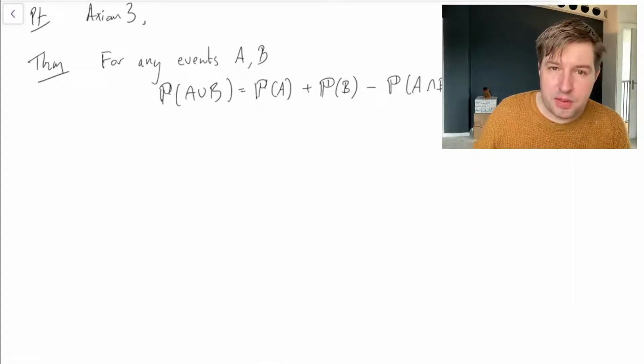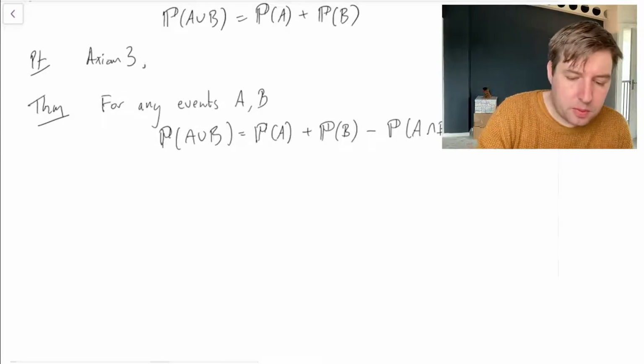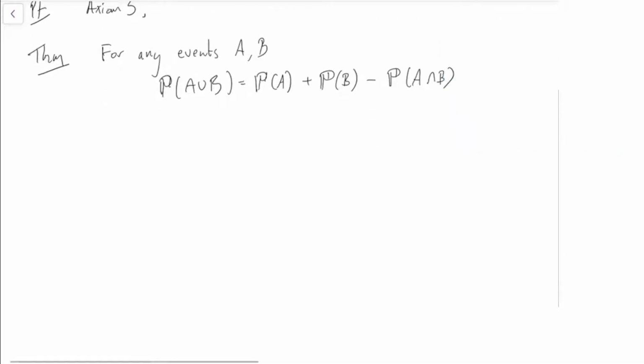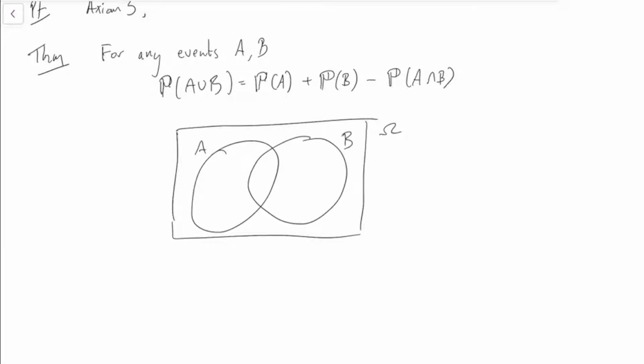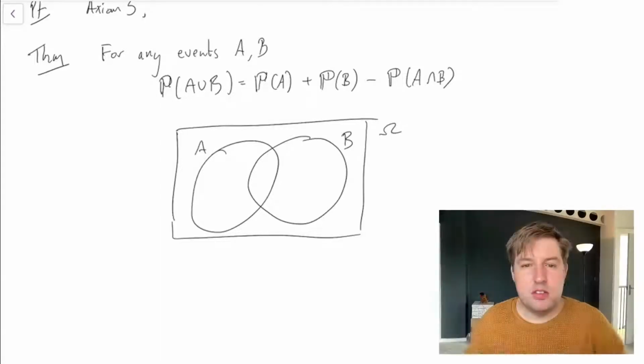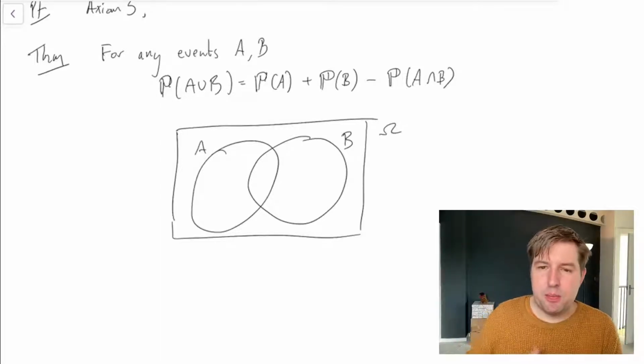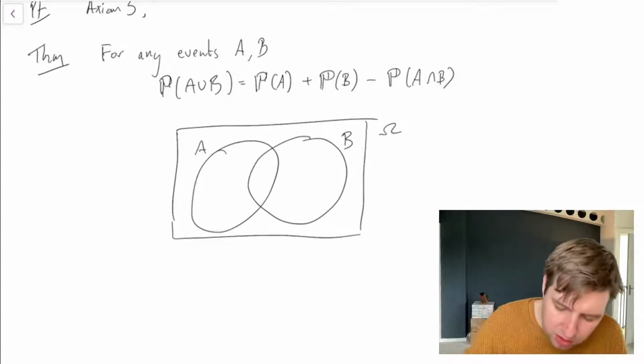So if we look at A union B, we see that that's not a disjoint union, right? If this box is the whole of omega, if we have A, and if we have B, in general, it's not a disjoint union, because there is an overlap. So what can we write that is a disjoint union?